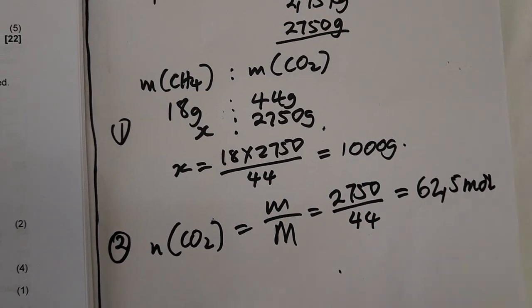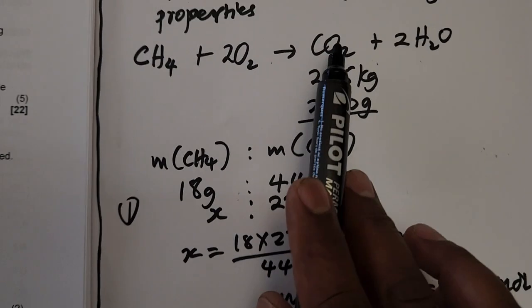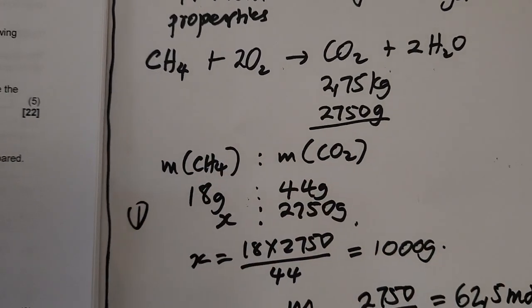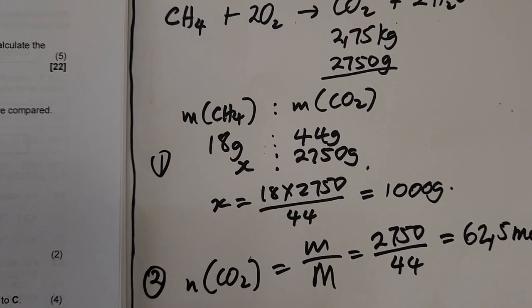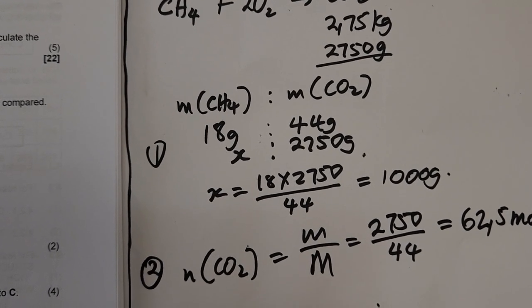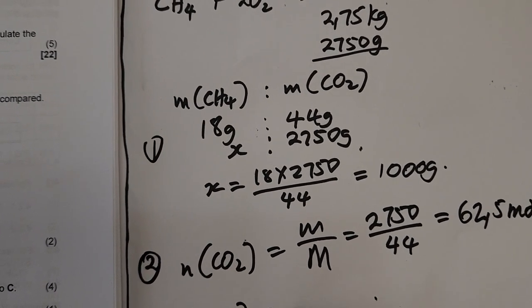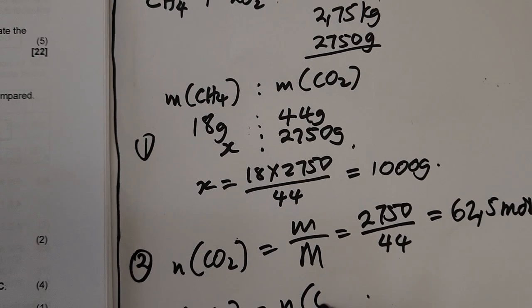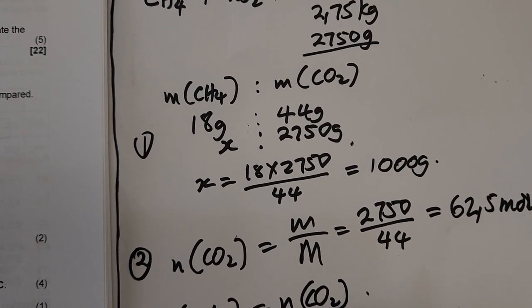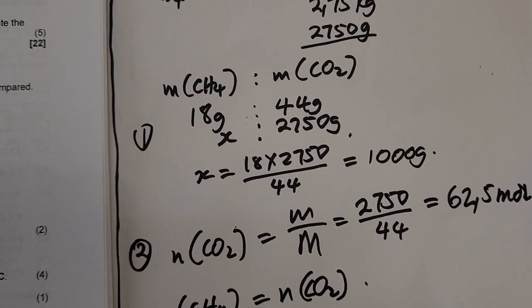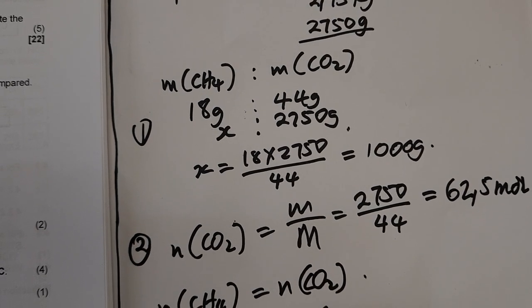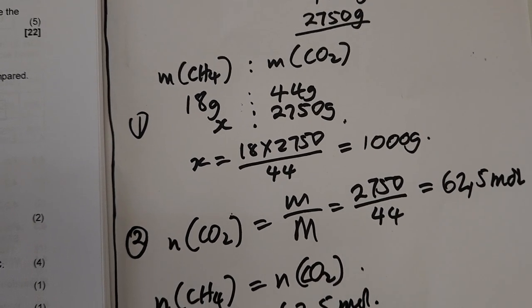That's the first one. Now, once you find the mole of carbon dioxide in a balanced equation, you can relate it to methane. We know that the number of moles of methane is equal to the number of moles of carbon dioxide. The two are in the ratio 1:1. Therefore, this will be 62.5 mole. That is the methane one.